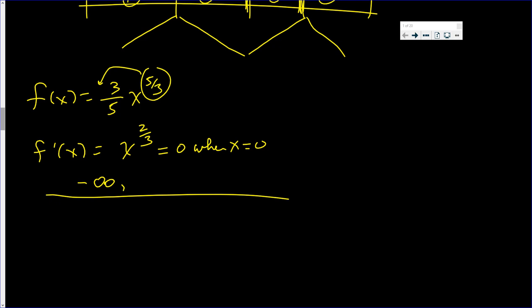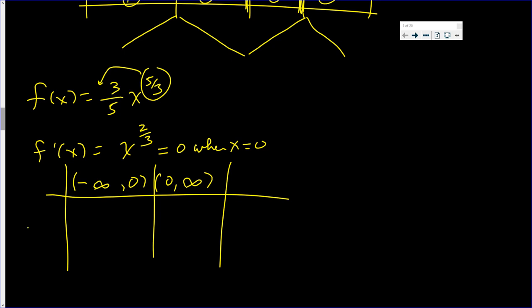So we go from negative infinity to 0. We go from 0 to infinity. And we want to look at the sign of f prime of x in each of these intervals. So x to the 2/3, that's the same as x squared to the 1/3.